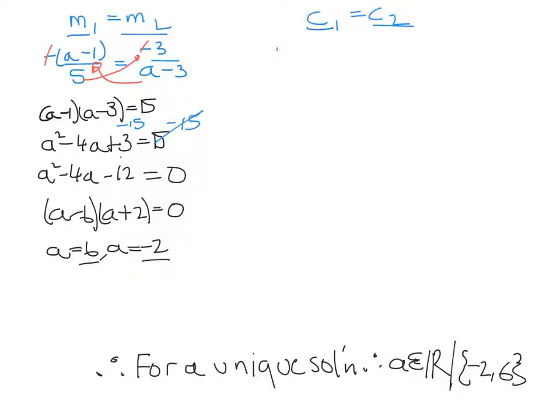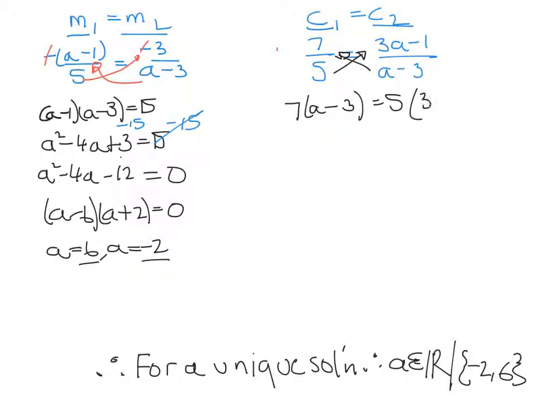One of the y-intercepts was 7 over 5, and the other one was (3a minus 1) over (a minus 3). Now if I cross multiply, I'd end up with 7 times (a minus 3) equals 5 times (3a minus 1), and if I expanded those, 7a minus 21 and 15a minus 5.